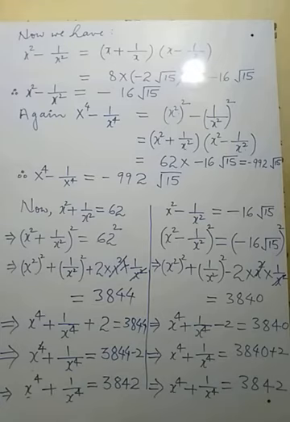By this process, we can calculate the value of x to the power 8 plus 1 upon x to the power 8, or the value of x to the power 8 minus 1 upon x to the power 8.